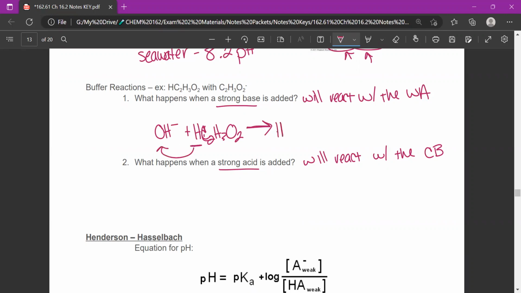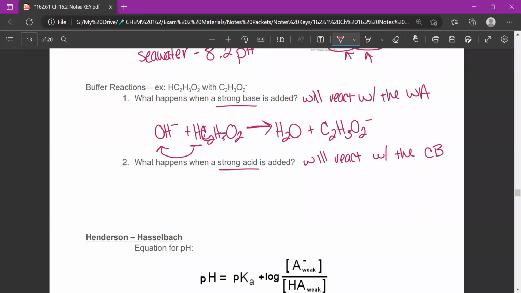And so I end up with water and C2H3O2 minus, more of that conjugate base. Now, if you look at those products, do either of those things affect pH? Well, it's water and it's conjugate base. So no, because they don't change the H plus concentration and they don't change the OH minus concentration. So that is how it buffers. There's no more OH minus in there. There's no more H plus in there. So it resists the change of pH.